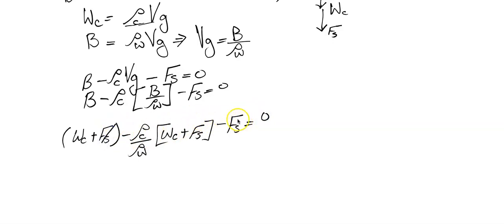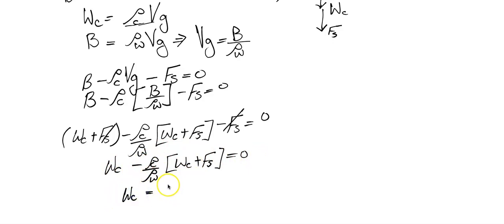Notice that the Fs's cancel out, and we have Wc minus rho C over rho W times Wc plus Fs equals 0. And if I move this second term over to the other side, we get that Wc equals rho C over rho W times Wc plus Fs.